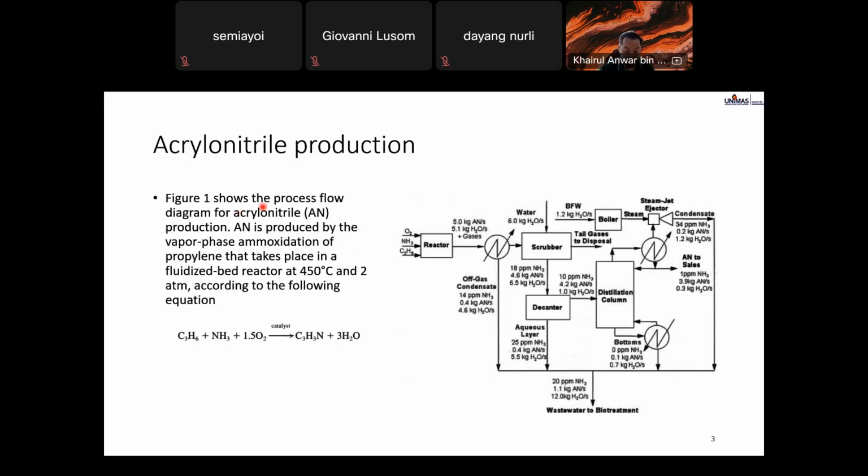Figure 1 is figure 7 in the paper. It shows the process flow diagram of acrylonitrile, which is produced by the vapor phase oxidation of propylene. So here we have propylene and ammonia fed into a fluidized bed reactor at 450 degrees at 2 atm according to the following equation.